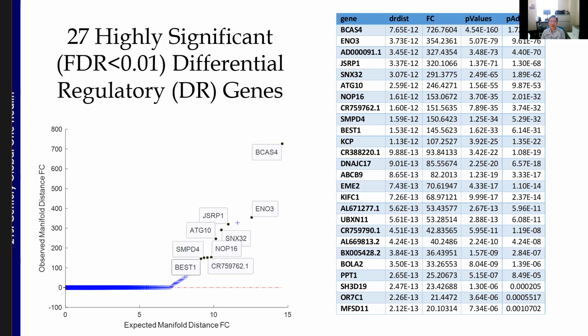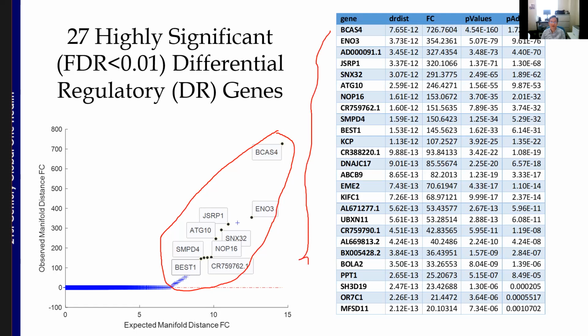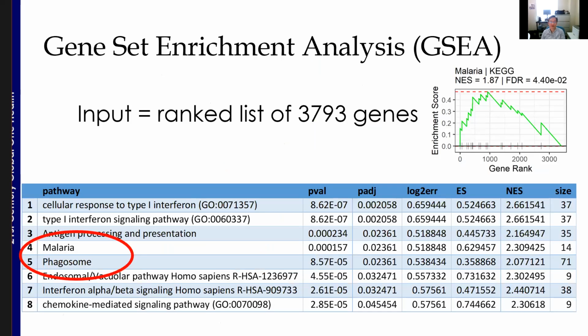And then applying our tool, we can identify the highly significant genes. That's a table out of the comparison, where the changes of the gene regulation are significant between mild and severe condition patients. There are 27 of them.